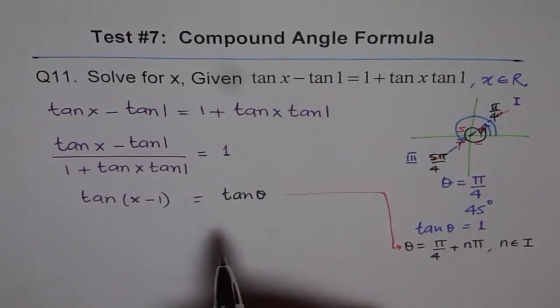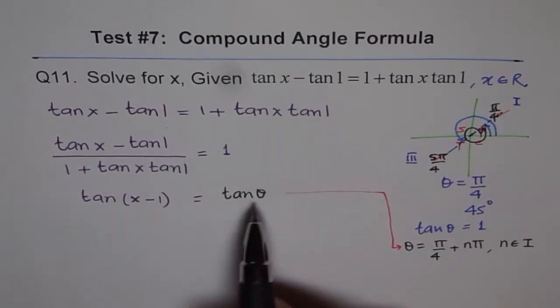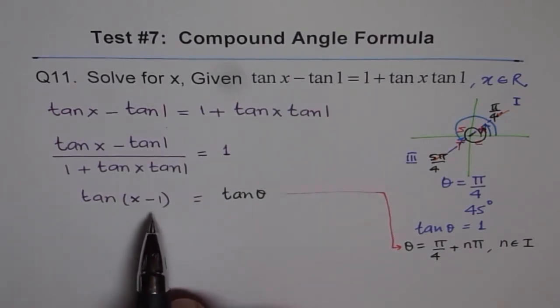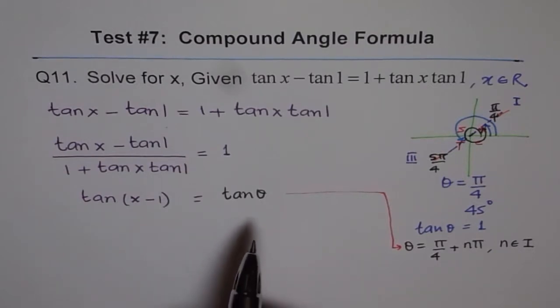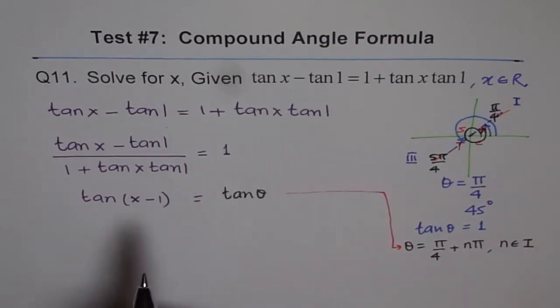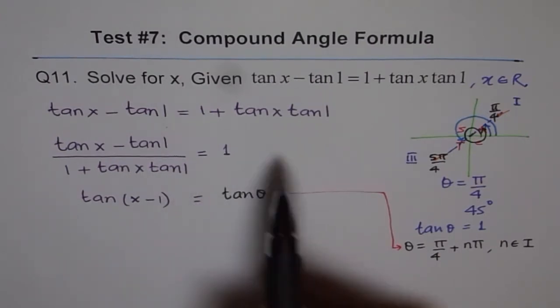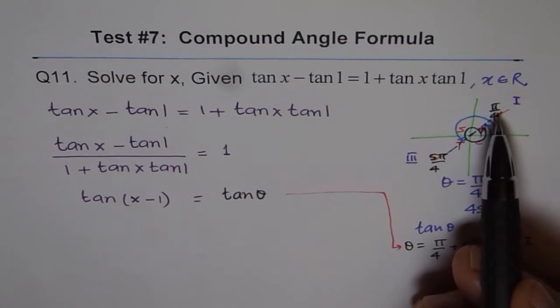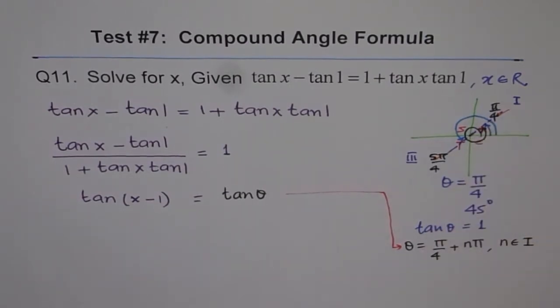So what we do from this stage is equate the angles. I'm explaining this process here because I found some students getting confused when we jump from this to the answer. What we are saying is, when is tan 1? We have tan as 1 for tan 45, or tan of pi by 4, or whenever the angle is 45 degrees plus or minus n pi. Those are all the coterminal angles for our solution.